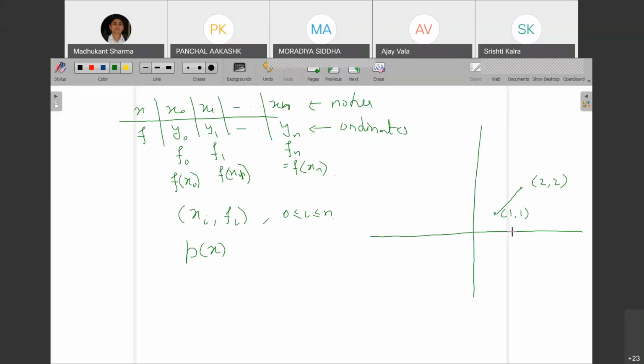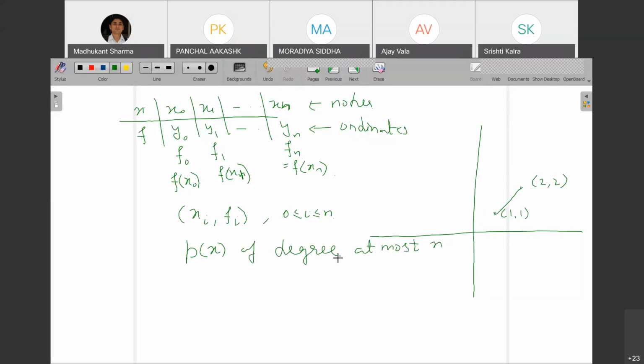You can also fit a quadratic curve passing through these two. But our wish is to find a polynomial of degree at most n, with as low a degree as possible.